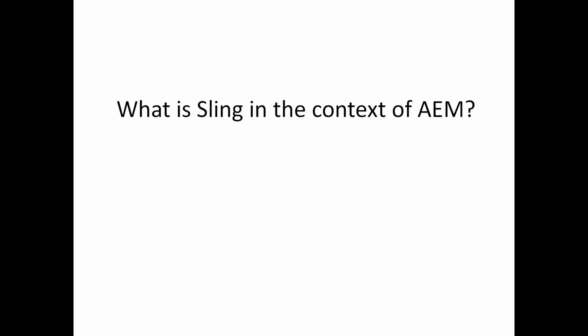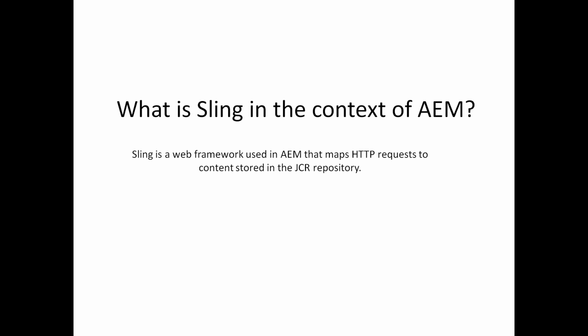What is Sling in the context of AEM? Apache Sling is the web framework on which AEM is built. It is responsible for handling HTTP requests and mapping them to content stored in the JCR repository.